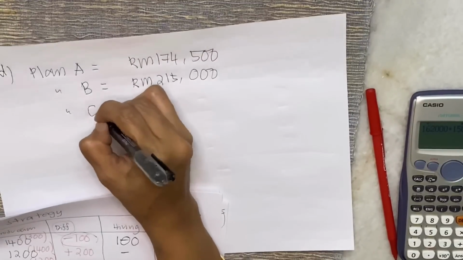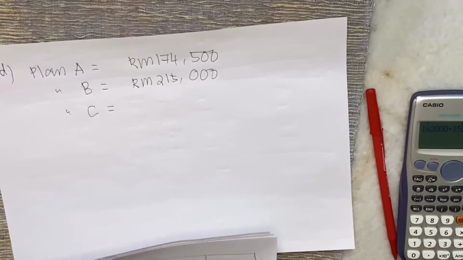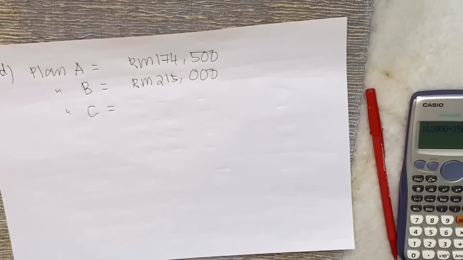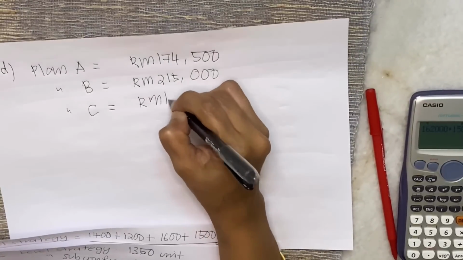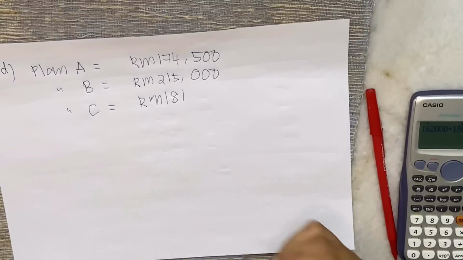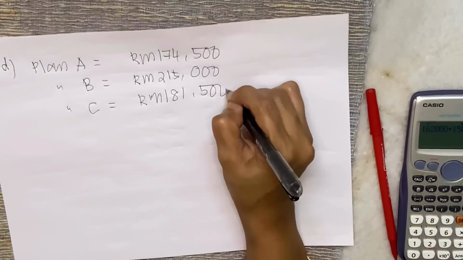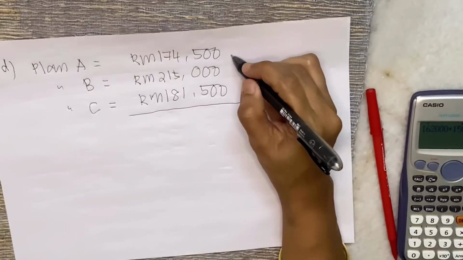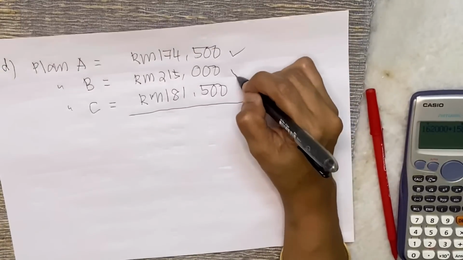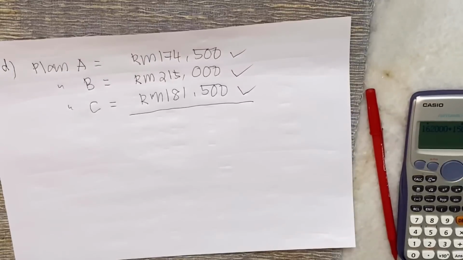Our plan C is RM181,500. So this is plan A, this is plan B, this is plan C.